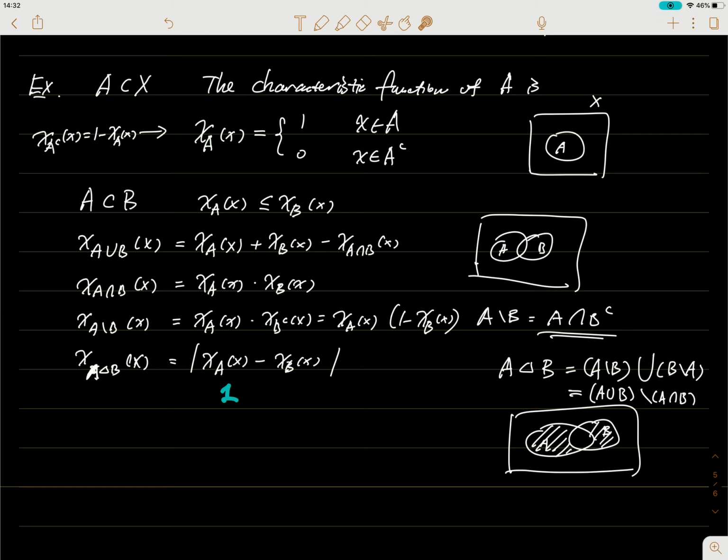So the absolute value will be 1. If x is in B but not in A, then this will be 0 and this will be 1. So you again get 1. If x is in both of them, then this will be 1, this will be 1, so they cancel out and it is still 0. If x is in none of them, then we'll have 0 here and 0 here. So it's still 0 on the right-hand side. That verifies this identity actually holds.